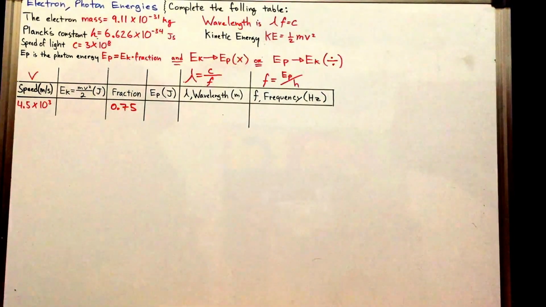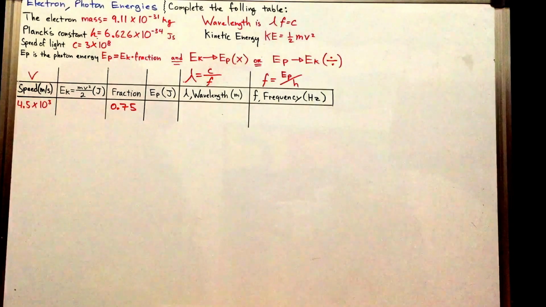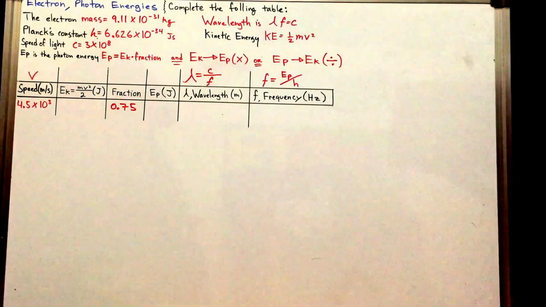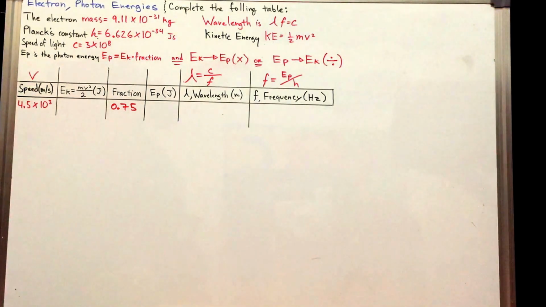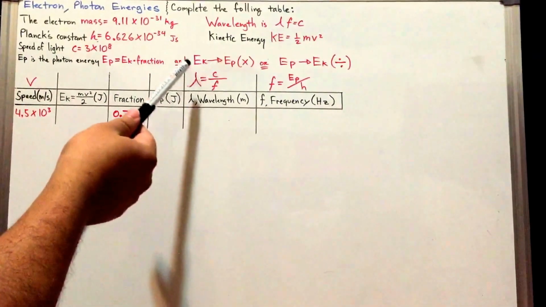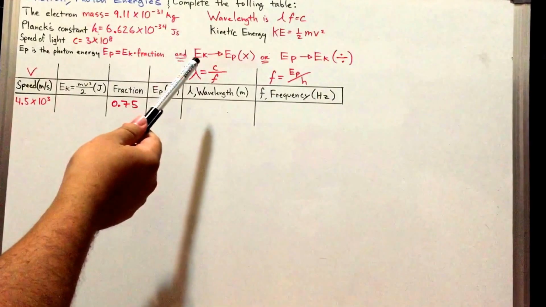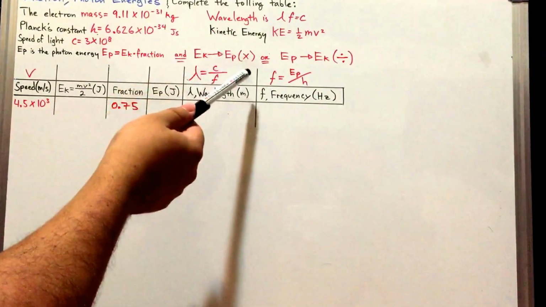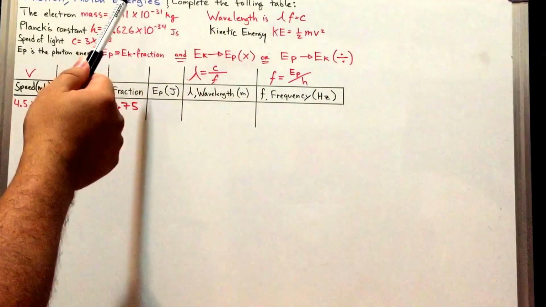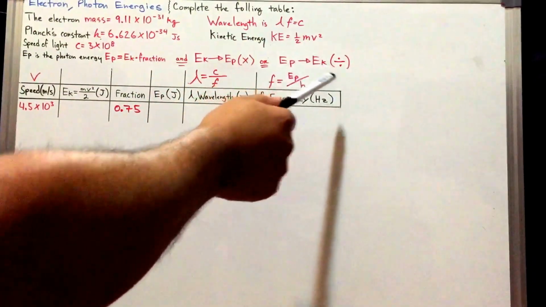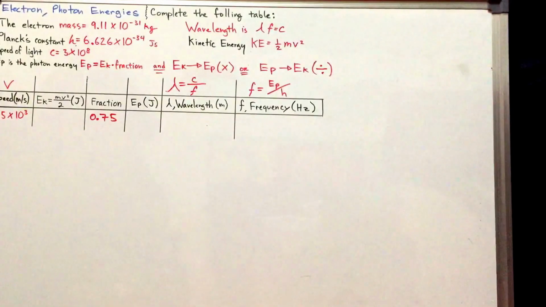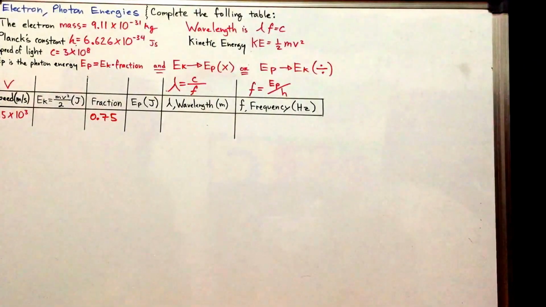I've found it easier for myself to write out the formulas that will help you solve problems in the future. For example, if you're converting from EK to EP, you're going to multiply. And if you're going from EP to EK, you're going to divide. And we'll get to that in just a moment.